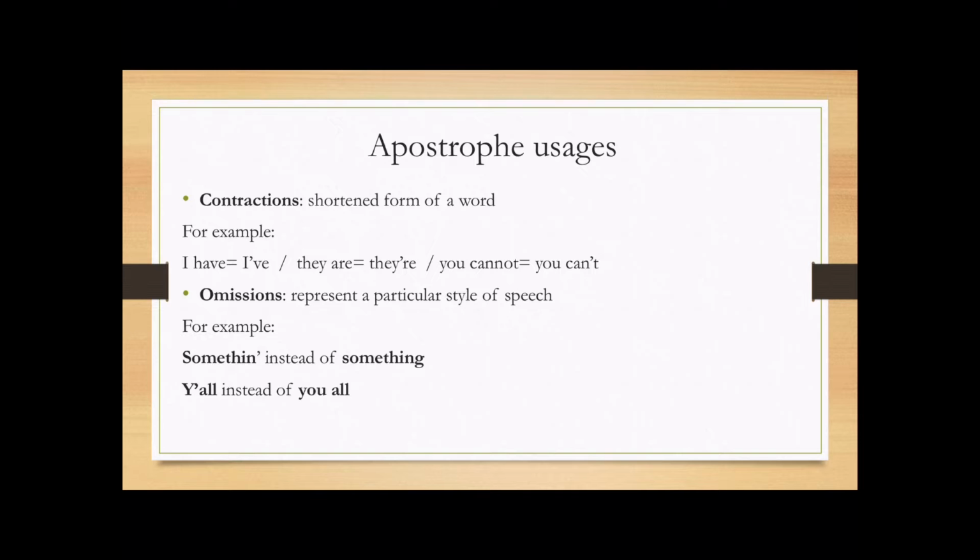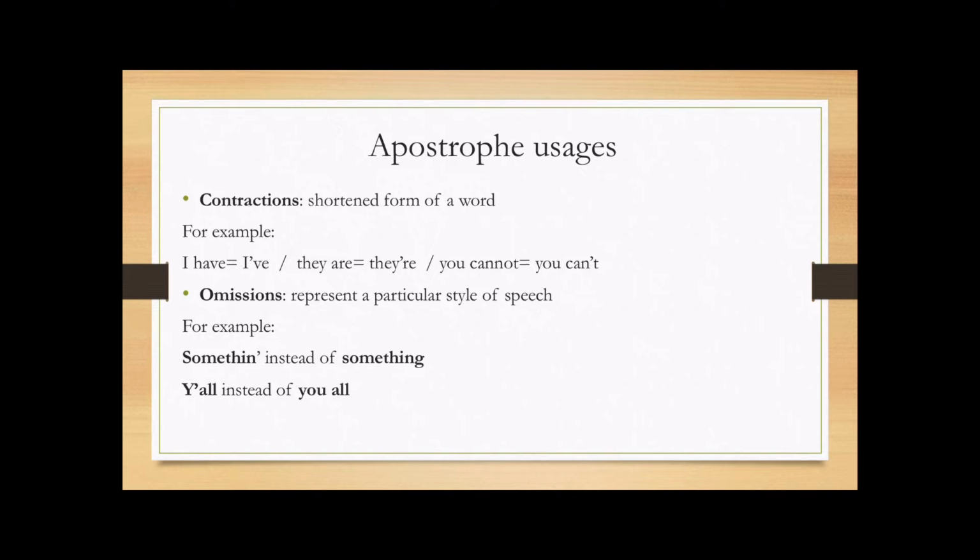For example, in "I have," you have a pronoun and also an auxiliary verb: I've. You use the apostrophe to shorten this phrase, I have. The same case in "they are."